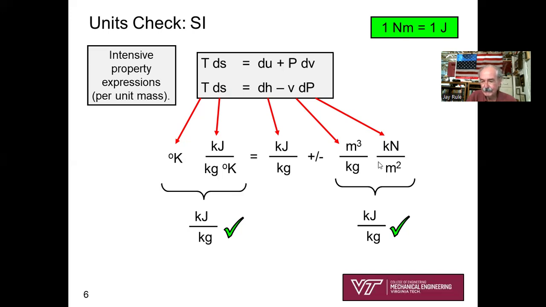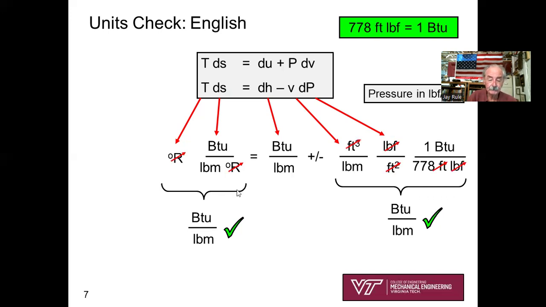I've got meters cubed up here, meter squared down there. So I've got a meter times a kilonewton meter. That's a kilojoule, and a kilogram down here. Great. So we are consistent in our units, kilojoules per kilogram, left-hand side and right-hand side of our TdS equations.